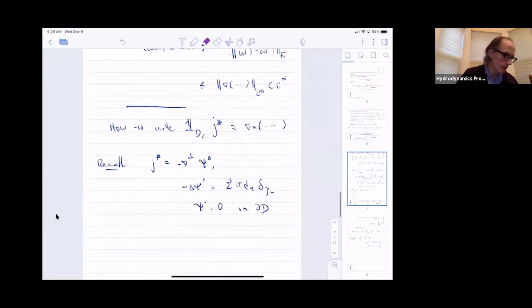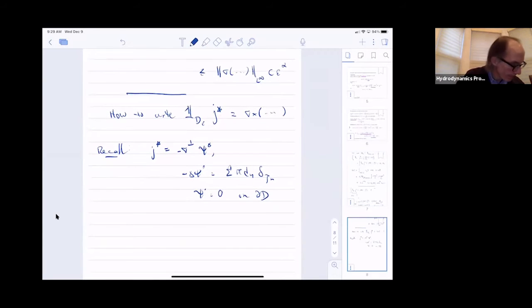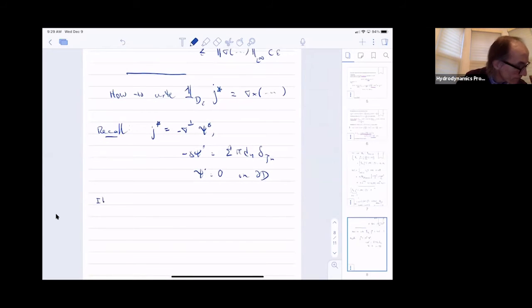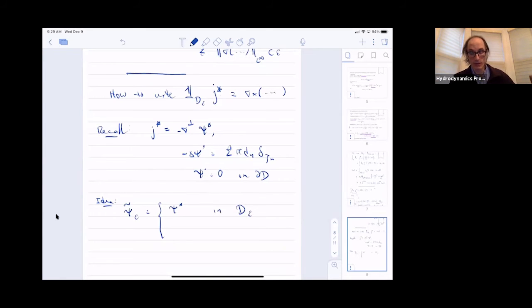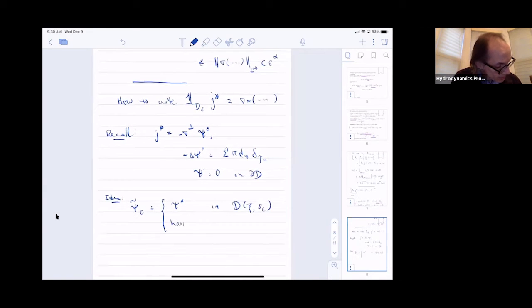And so the idea is, say psi epsilon tilde is psi star in this domain with the balls cut out, and say harmonic in the balls.